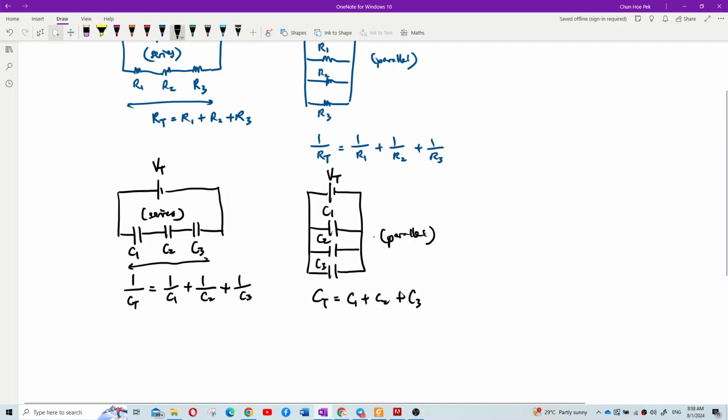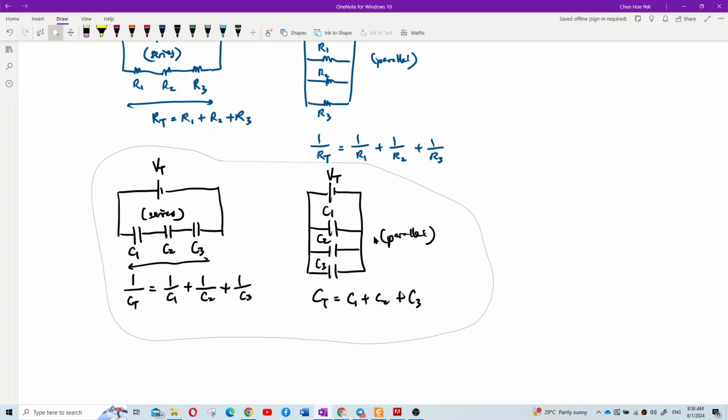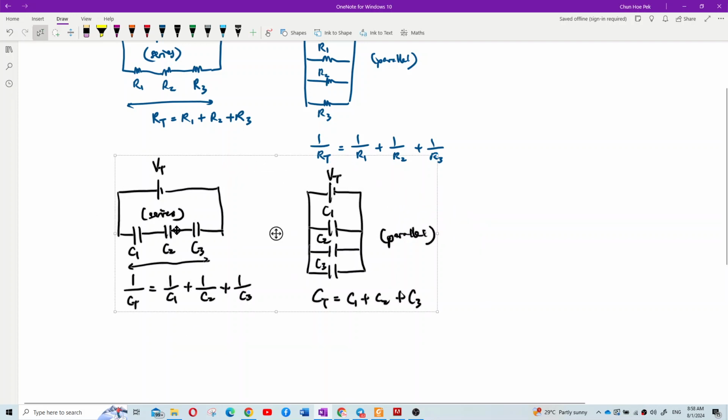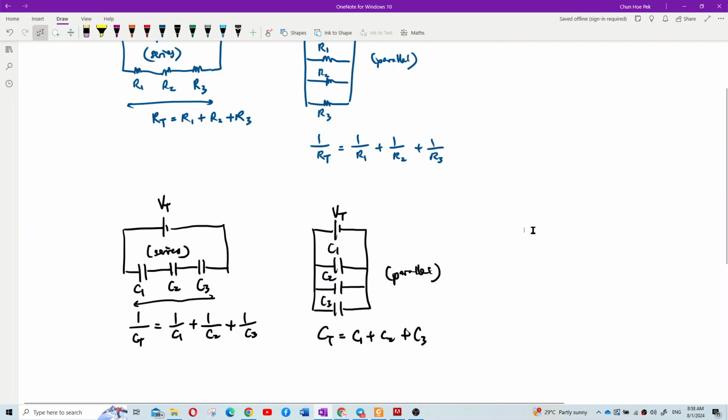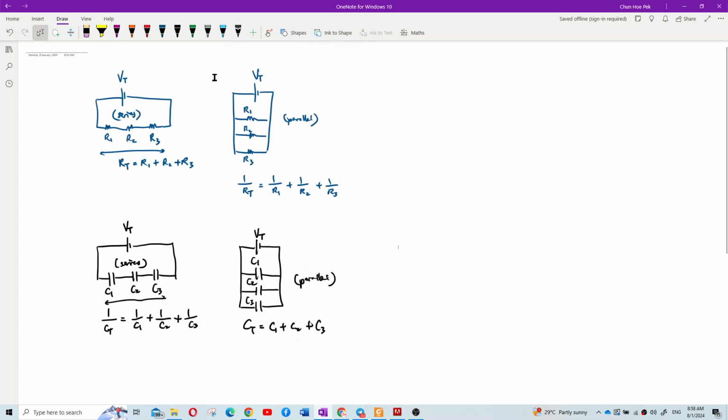See the pattern, class. In parallel, capacitors use the formula for series resistors. Series capacitors use the parallel resistor formula.